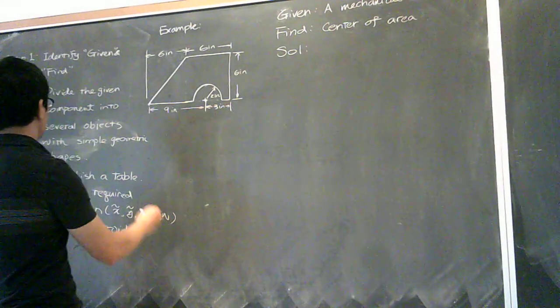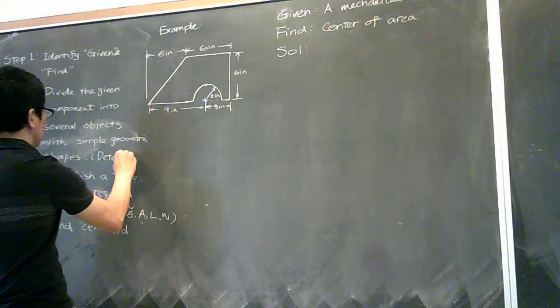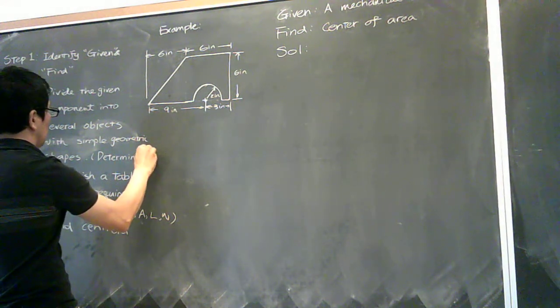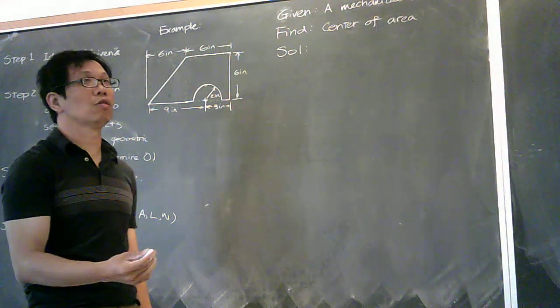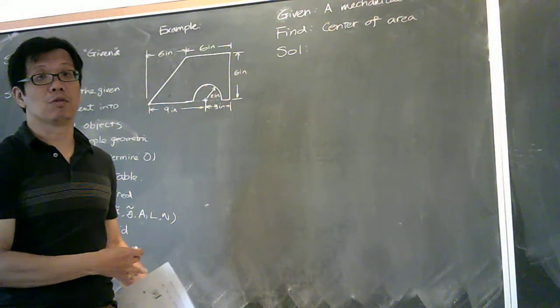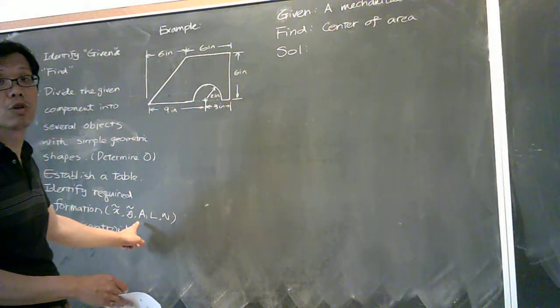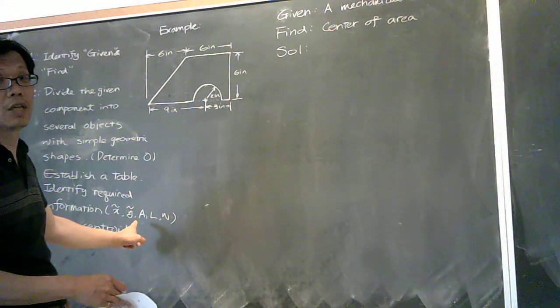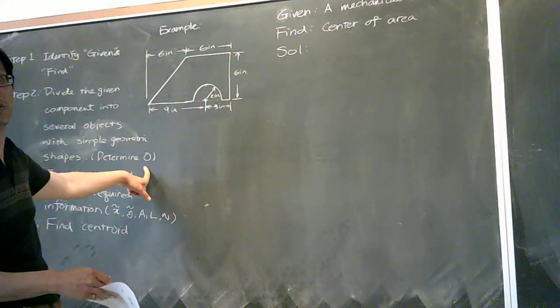I might need to do something to show me the origin. Okay. Because when we start to do the table, there are two things essential we need to know: X and Y. And those are not absolute values, they are actually relative values depending on where your origin is located.